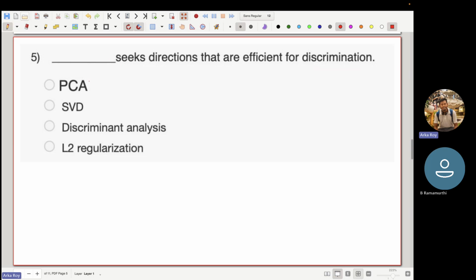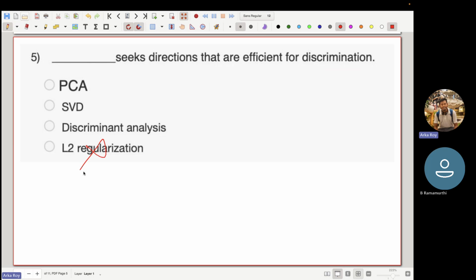The options are PCA, SVD, discriminant analysis and L2 regularization. L2 regularization is a regularization technique that, in general, helps to reduce the values of the weight matrix, and it is used in a learning process. So this has no relation with seeking directions that are efficient for discrimination.